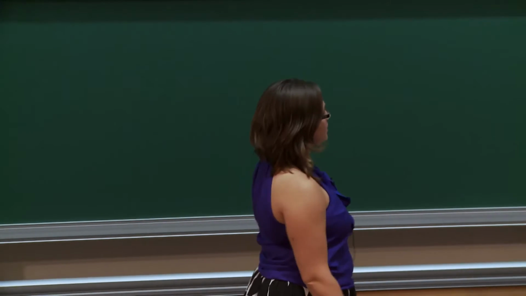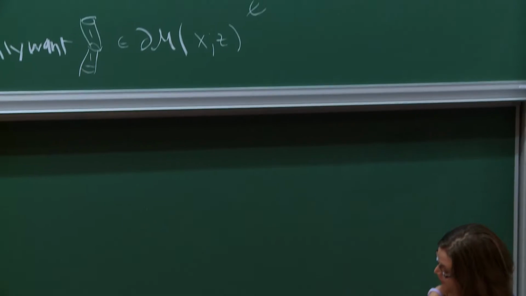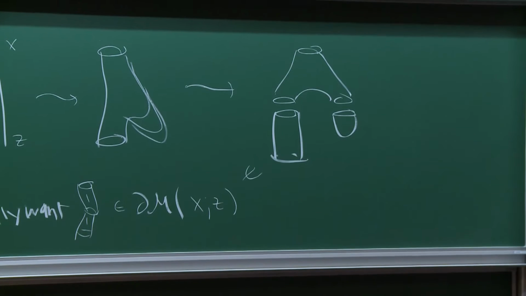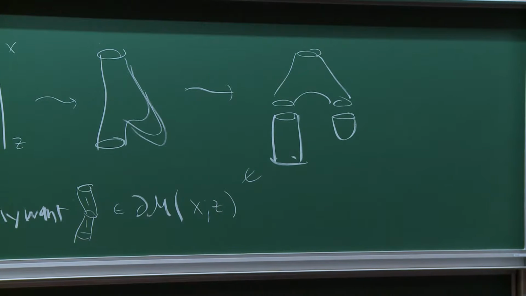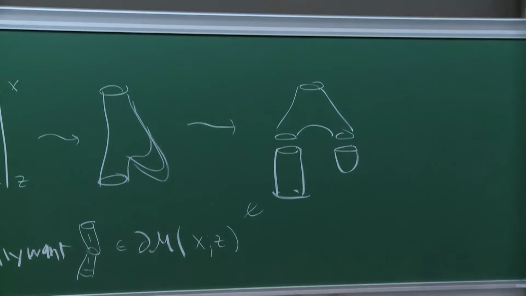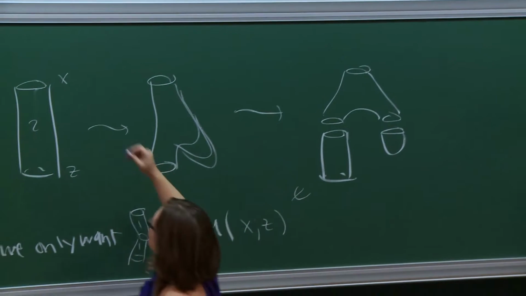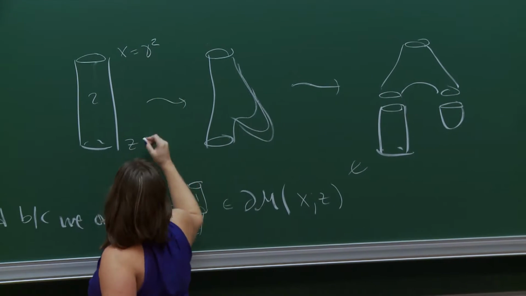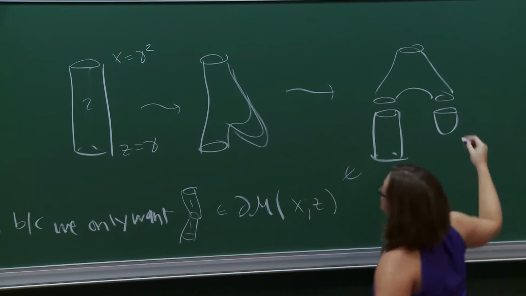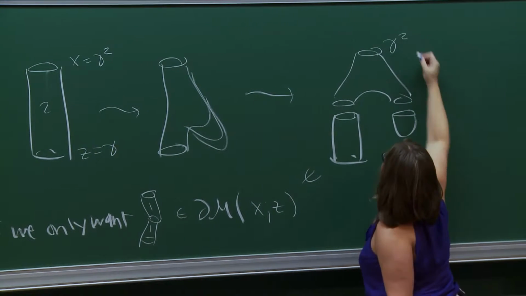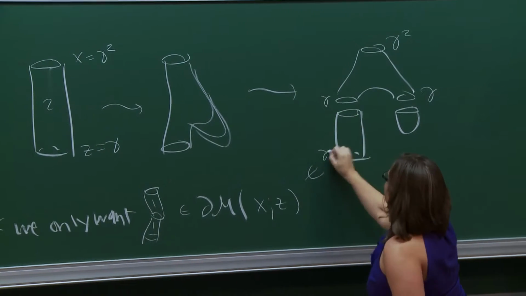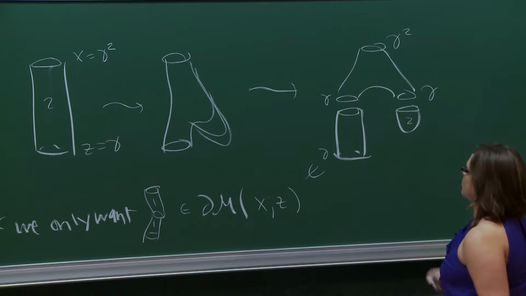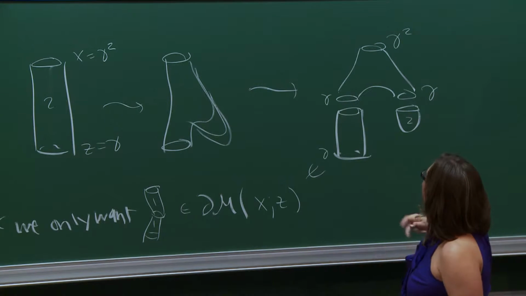I'm not going to draw a complicated sequence of buildings, but you can imagine, Michael was talking about how you can have branched covers of trivial cylinders. Those can have index 0. So you could be in some situation where x is gamma squared, z is gamma, and then the cylinder could break to be gamma squared, gamma, gamma, gamma, and this could be a holomorphic plane of index 2.